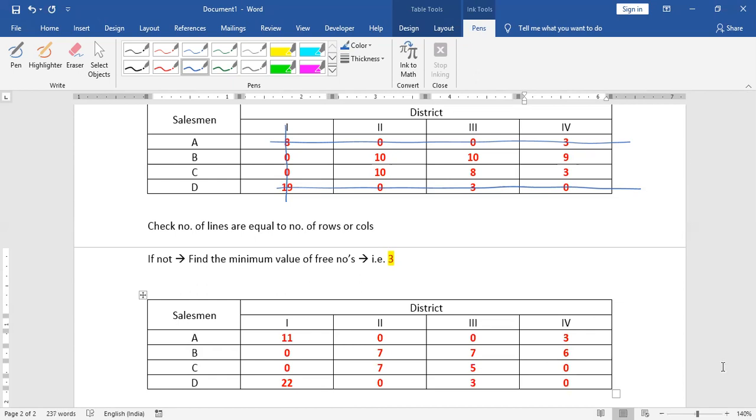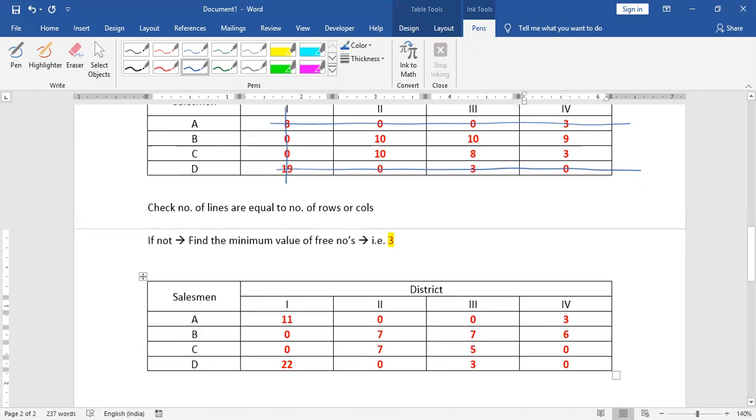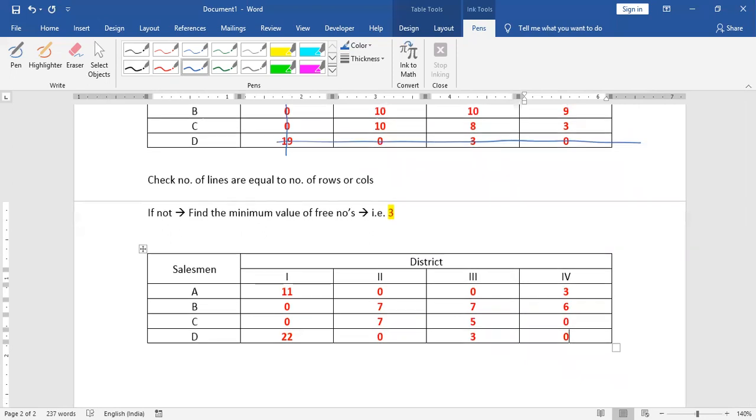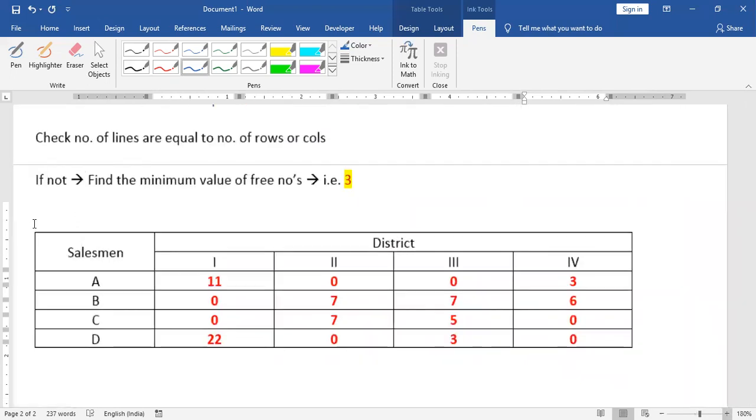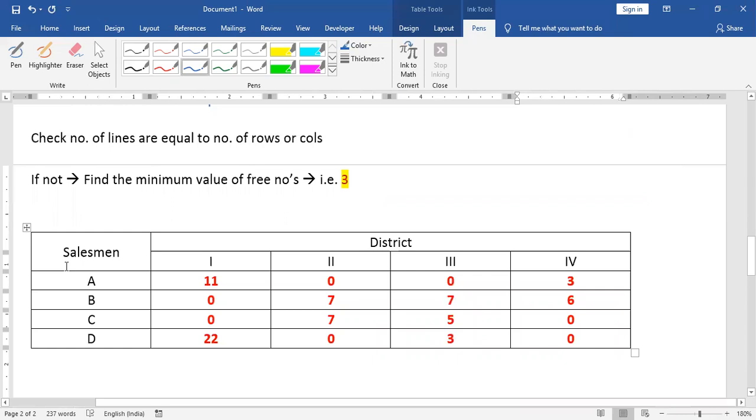Now what we will do, again we will draw lines. Let's check. If we're talking about the lines, I can draw one horizontal line, one vertical line, and again one vertical line, and this number remains single.